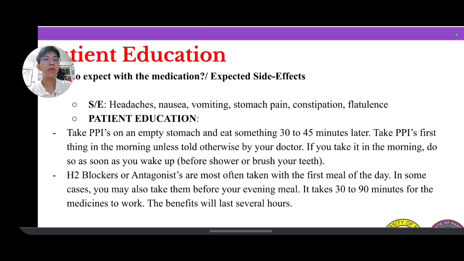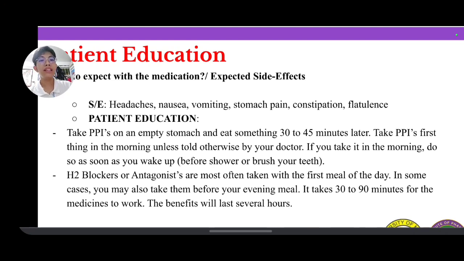Next, H2 blockers or antagonists are most often taken with the first meal of the day. In some cases, you may also take them before your evening meal, and it takes 30 to 90 minutes for the medicines to work. The benefits will last several hours.